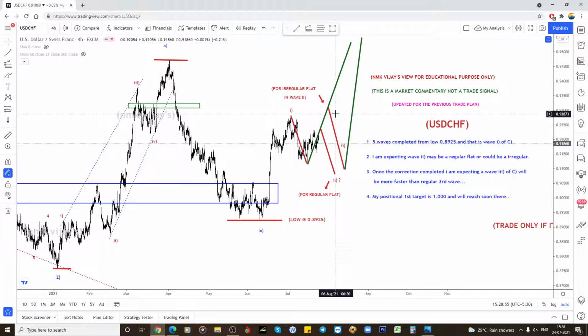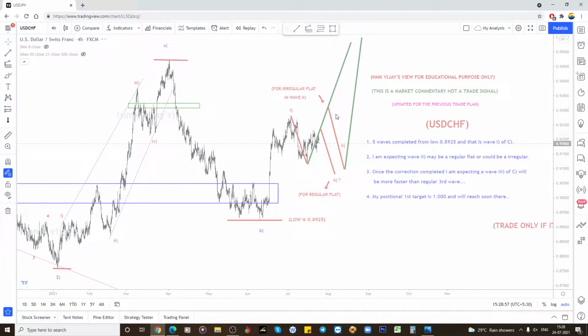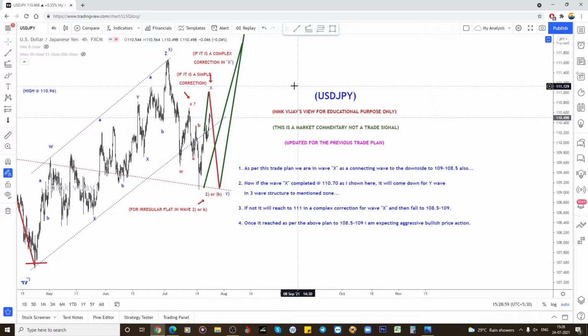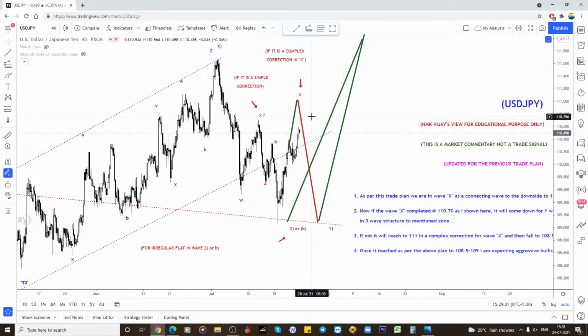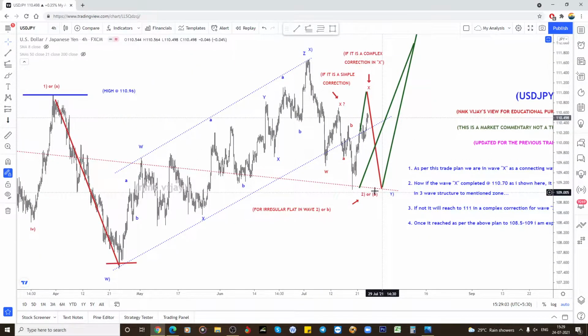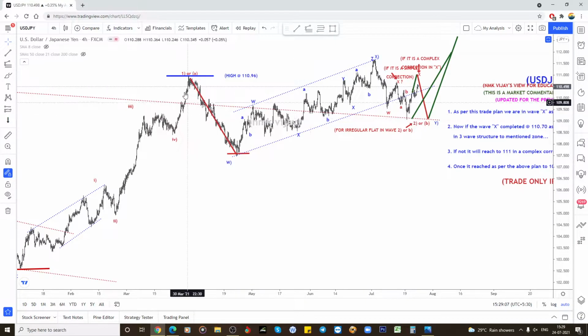So let's move on to USD JPY. In USD JPY, there is still a lot of chance of making one more low. Otherwise, it can go from here also. That is why I have explained here. So if it did like that, this is the 1 or A, this is the 2 or B, or it is making one more way to the downside, which is also possible. If this is a W, X, A, B and C, it could break this low also. Otherwise, if it comes to this zone, it may bounce again.